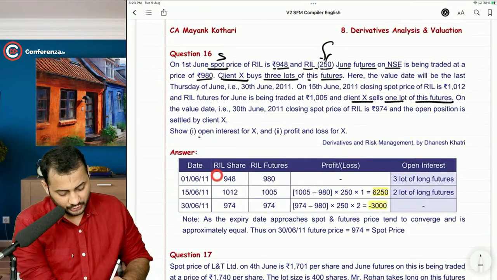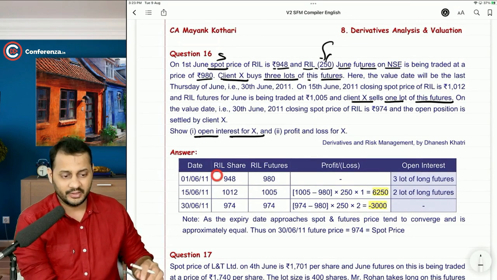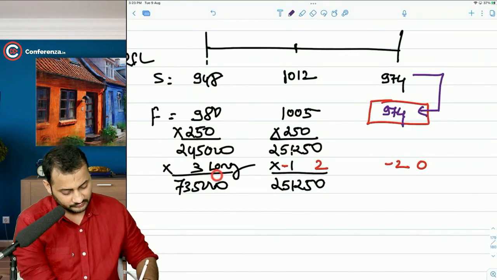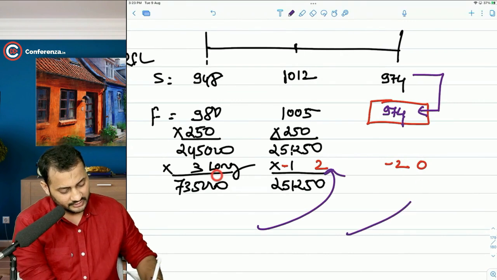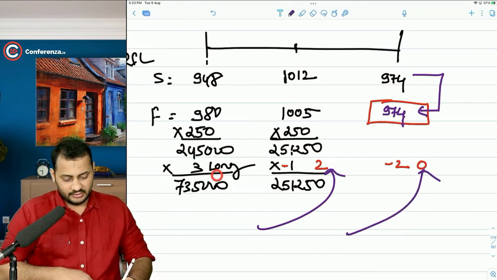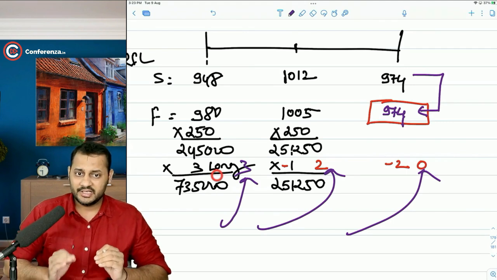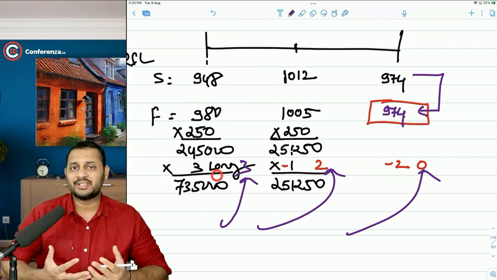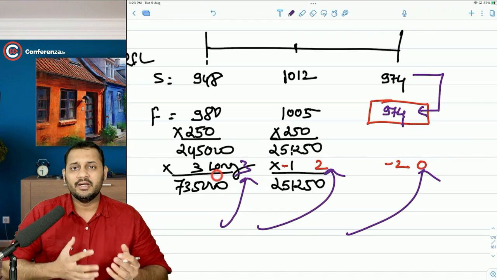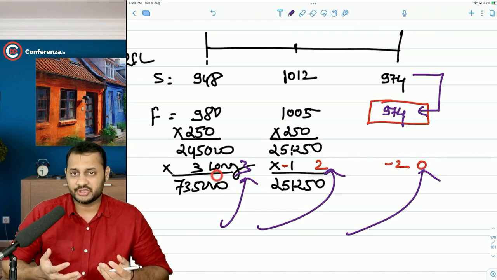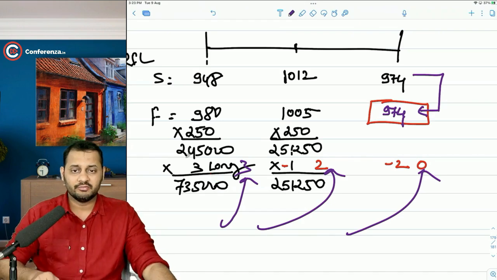Now, what is the question asking us? First of all, show open interest for X. Open interest means these 2 lots and this 0 lot and the 3 lots at this point. At each point, the open position has to be shown by us in the statement. So open interest is nothing but the open position. The moment we buy 3 lots, we have 3 lots in the open interest.